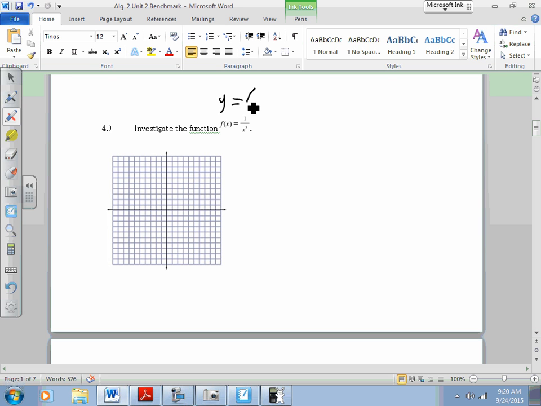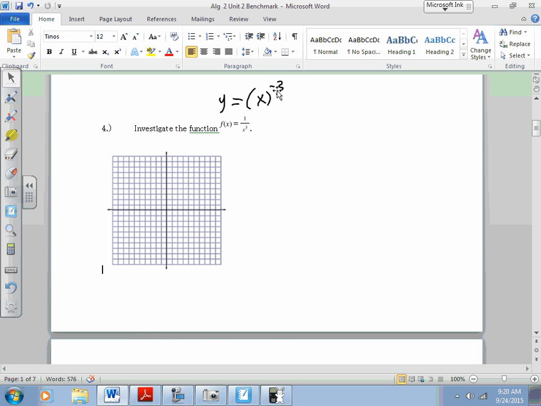I'll give you a hint, that's really x to the minus 3 power. If you were to type it in on the graphing calculator, it's going to graph the exact same thing. So do you understand the exponent rules now? Graphing y equals x to the minus third is the same as graphing y equals 1 over x to the 3. Those are the same.